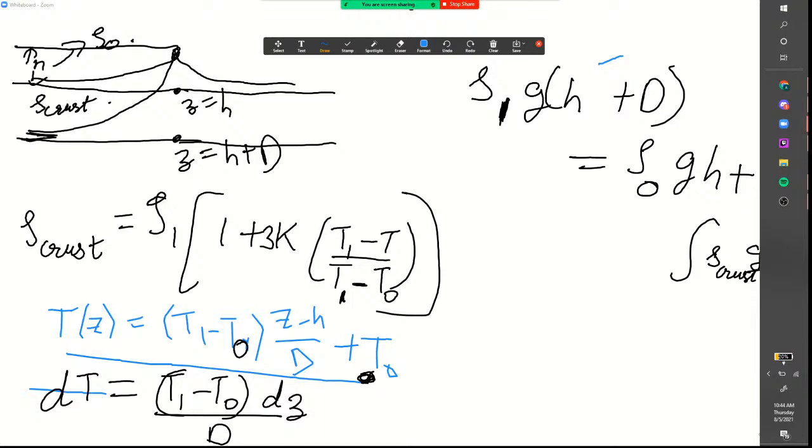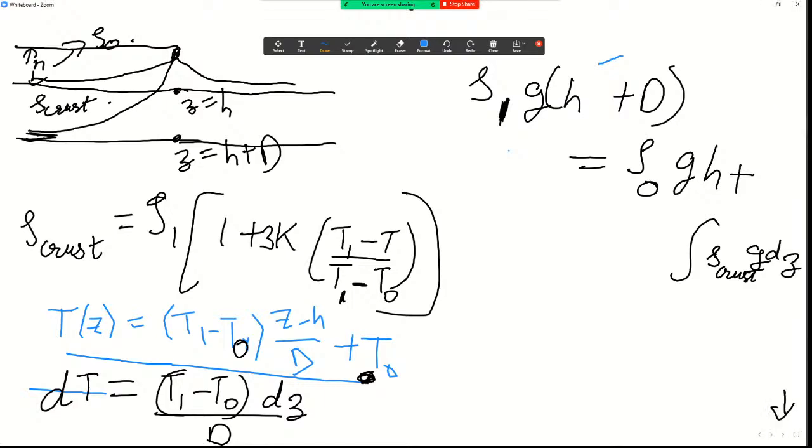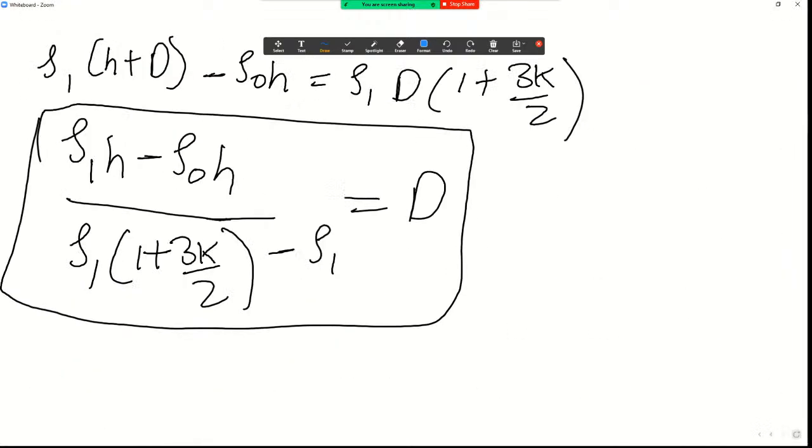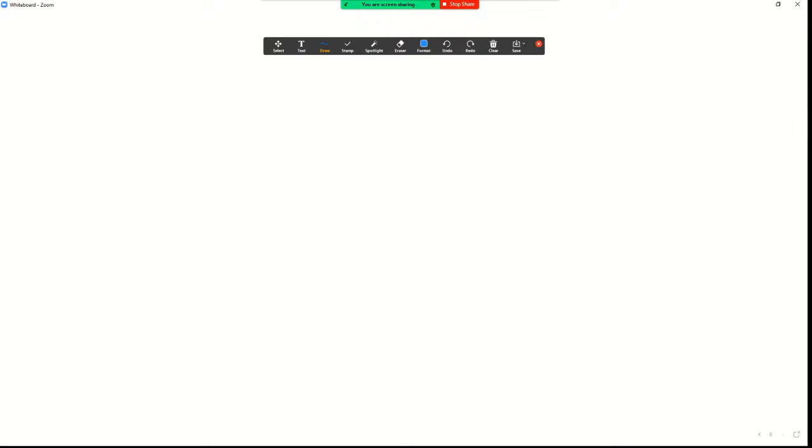Oh, okay. Someone is saying it's correct actually, and they made a mistake. Okay, then we can just go on to the next problem.